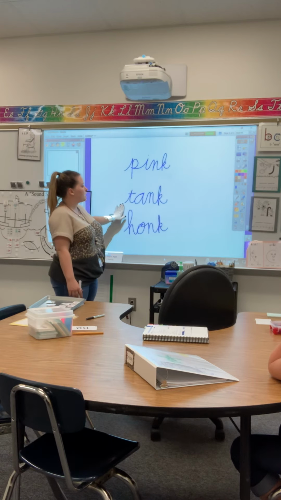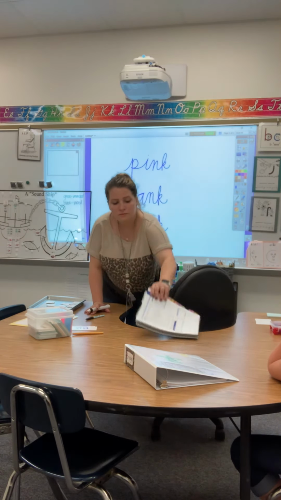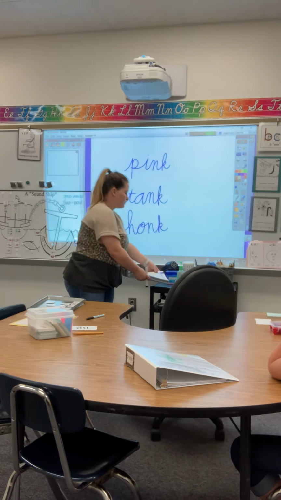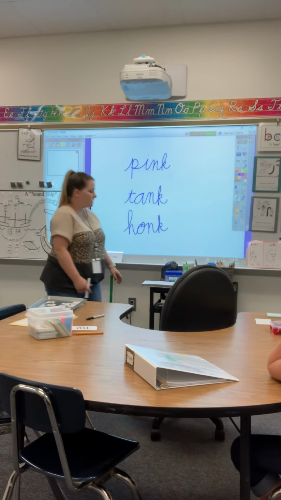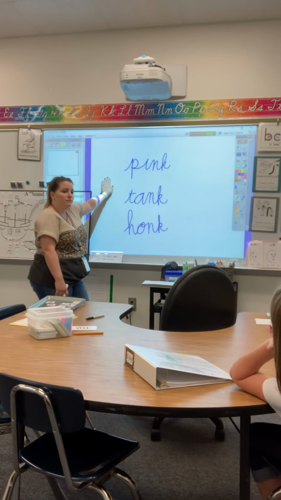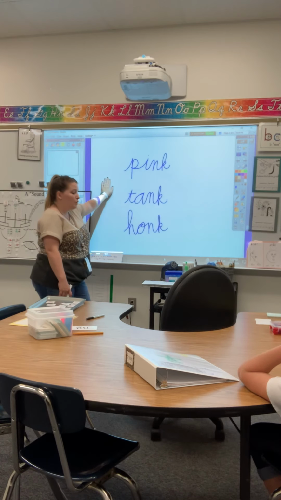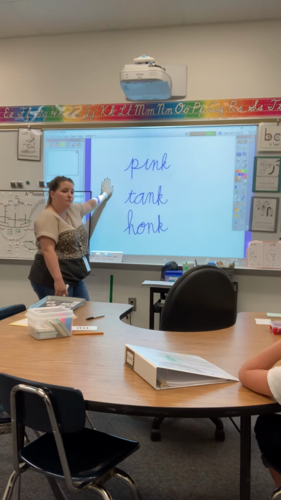Pink, tank, honk. Okay. So, what do you see alike in these words in the final position? We all have a K in the final position, the very last position. Just K. Okay. What sound does that make?